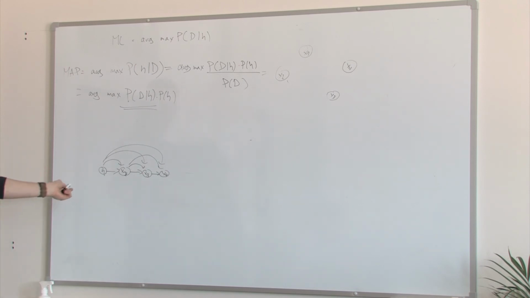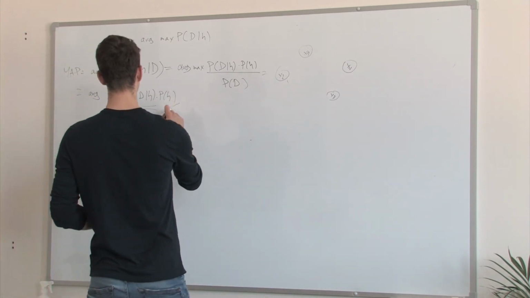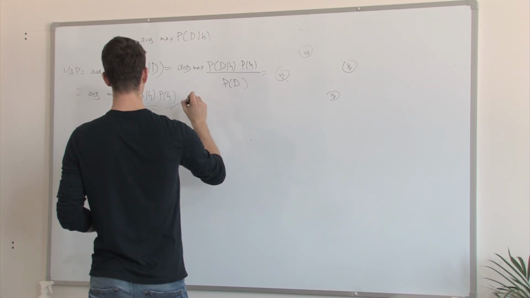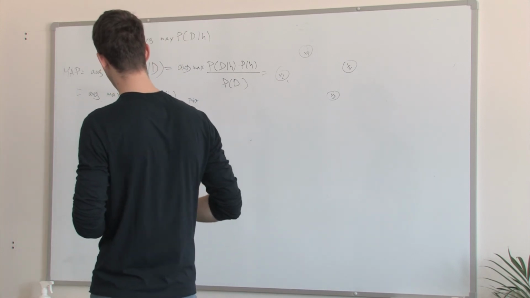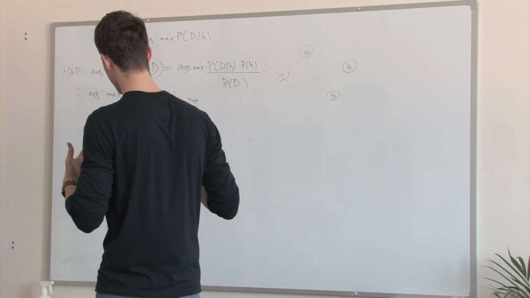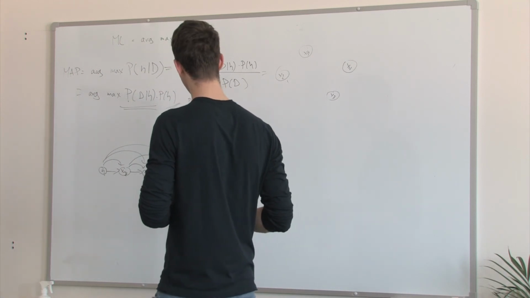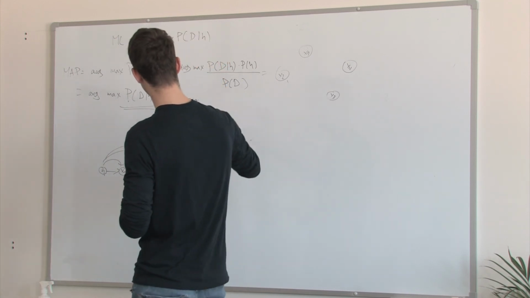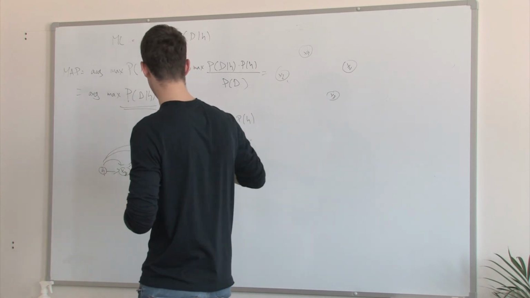This is an example of overfitting. To avoid it, we have this part of the equation here, which is called the prior. You can use it as a way to punish the Bayesian networks that you do not consider likely, meaning the probability of the hypothesis, the Bayesian network, will be low.